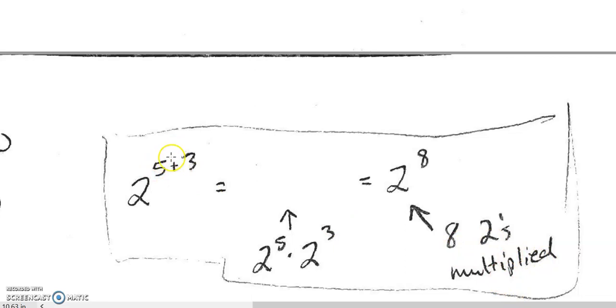If I were to rip this apart into two separate pieces, it would be 2 to the 5th times 2 to the 3rd, because this would be 5 2's multiplied by each other and another 3 2's multiplied by each other. So the rule here is that 2 to the 5 plus 3 is 2 to the 5 times 2 to the 3.